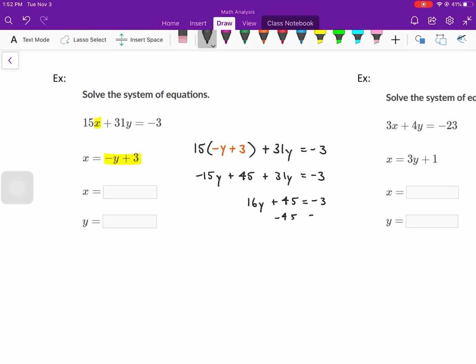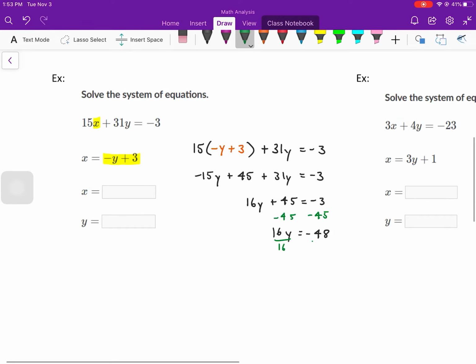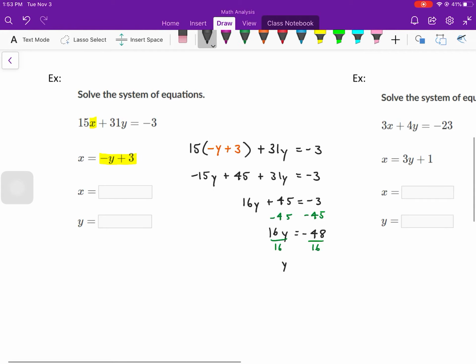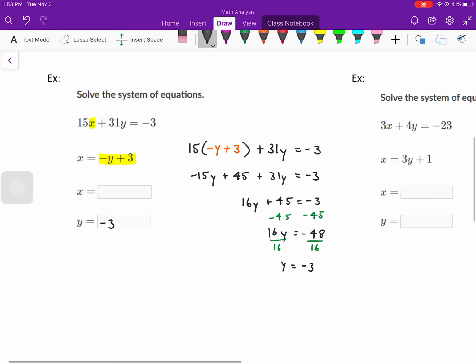I just can't write my numbers today. And then last, divide by 16. And so y equals negative 3. So that covers our y.